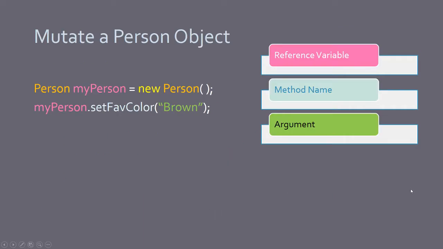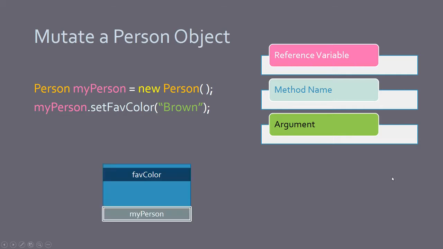So here is our code again. We create an instance of our class, and then we use the reference variable, myPerson, followed by a period or a dot to access the methods available in our person class. We find the setFavoriteColor method, and we use it, and we pass the value brown because we want to set this person's favorite color to the value of brown.